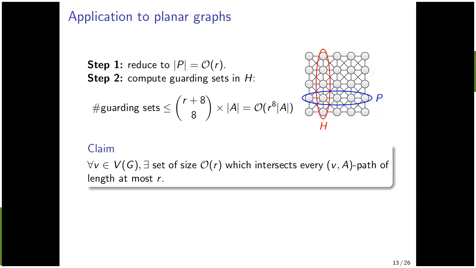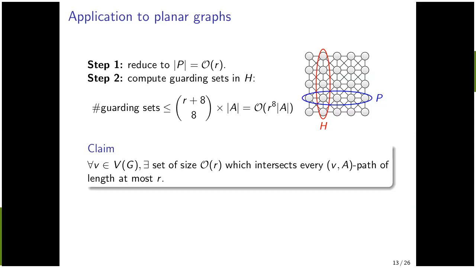So the idea is to project A, the set of vertices which is given, on H. Now using that, we can compute the guarding sets in H. And this we can do because H has treewidth at most 8. By doing this, we get a family of guarding sets of size at most (R+8 choose 8) times A, which is big O of R to the 8 times A. Now, what is a guarding set in this family?